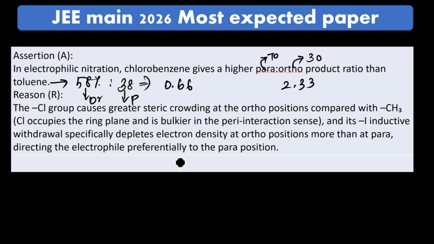Then the CH3. Also, the minus inductive effect specifically depletes the electron density at ortho positions more than para. That's why the electrophile preferentially goes to the para position. That is also true. Electronically, the preferred one is the para position. So both are true over here.